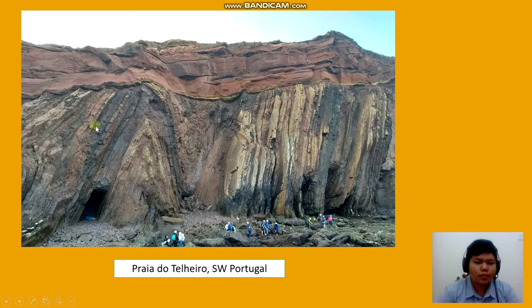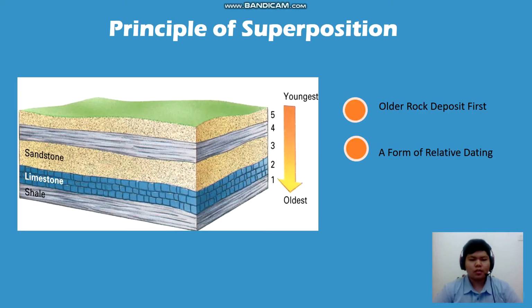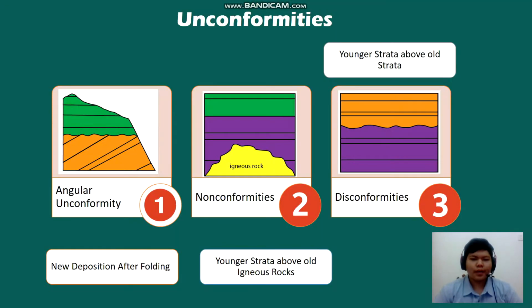So it will be younger as the rock is forming above one another. But when erosion occurs, an unconformity will be formed. There are three types of unconformities: angular unconformities, nonconformities, and disconformities.